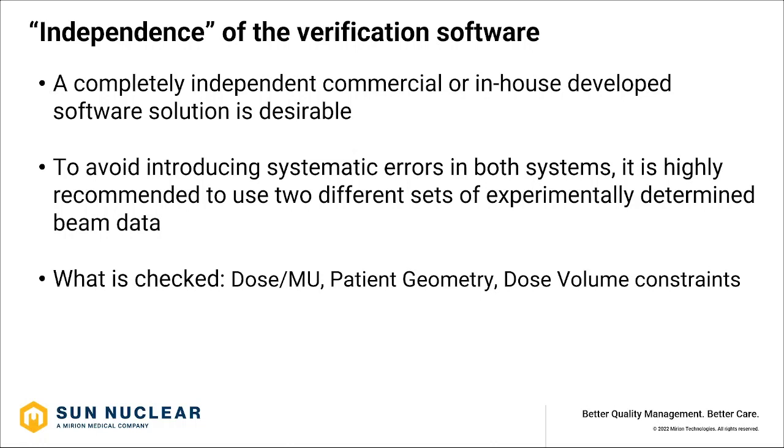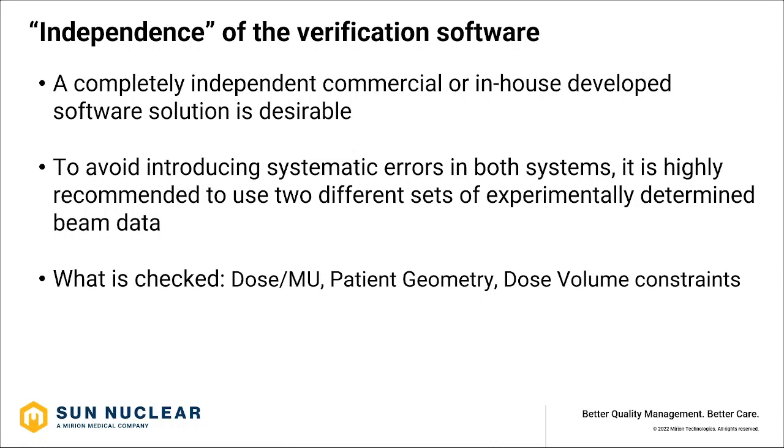The other thing that was stressed was that the independent secondary dose MU verification system should be able to calculate the MU required for the delivery of the prescribed dose, or it should be able to confirm the resultant dose from a given MU value.